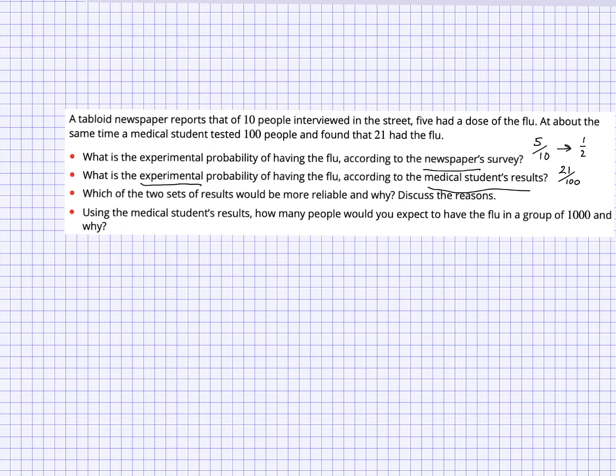Now, I'm going to pause at this point and remind you that experimental probability, I'll call it experimental PR, is the probability actually found in an experiment or survey.